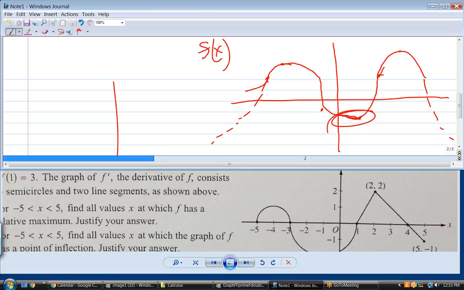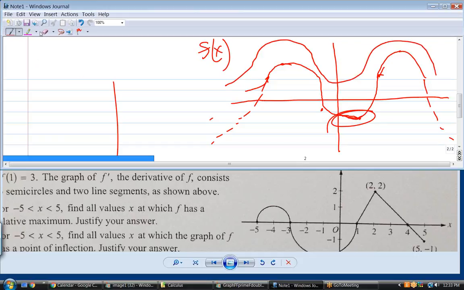Well, they do give us some information about this point, and I have drawn it incorrectly. They do tell us that f of 1 is 3. So the way I've drawn it really needs to be more like that. So let's do that first of all.